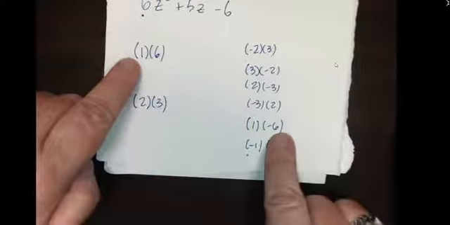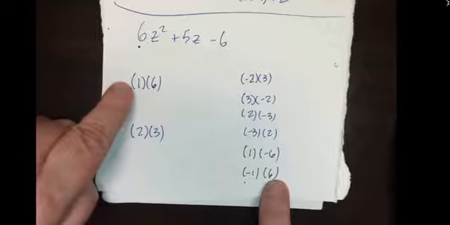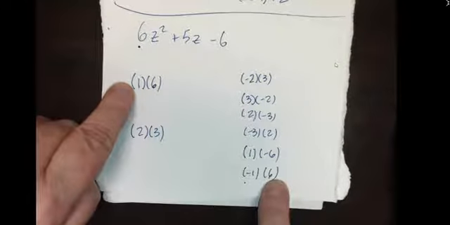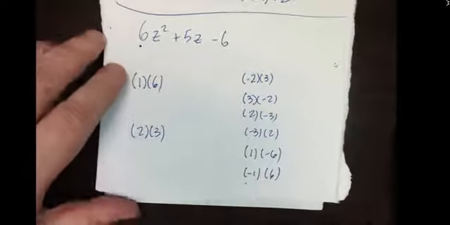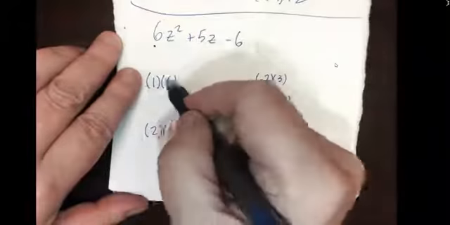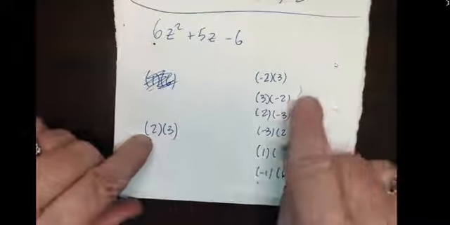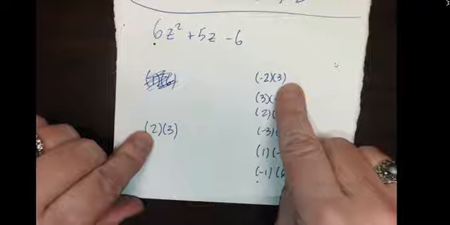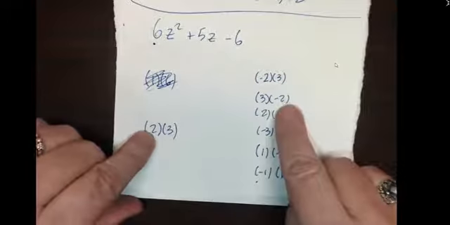Okay. Negative 6 plus 6 will be 0. That doesn't work. And 6 minus 6. That's not going to work. Okay. I don't think that's going to be the first one. Let's see what happens with these. 6 minus 6 is 0, and that's not going to work.